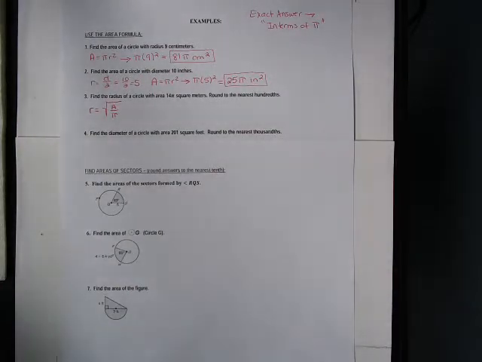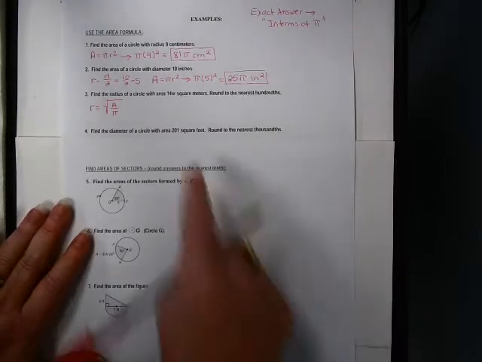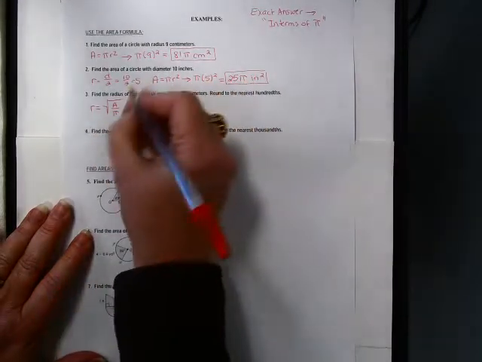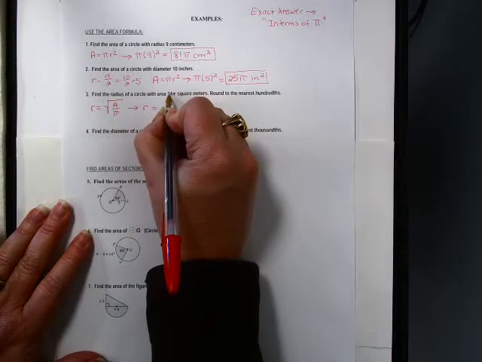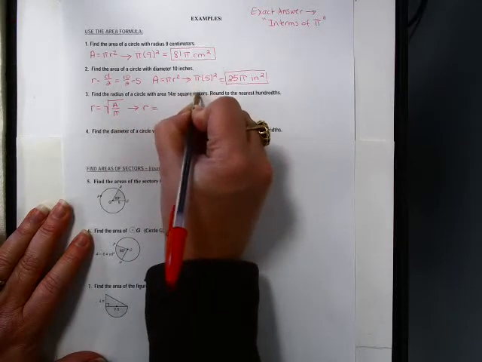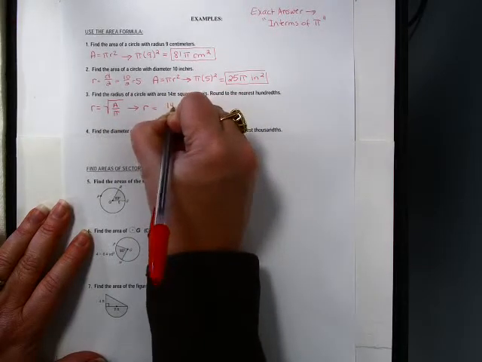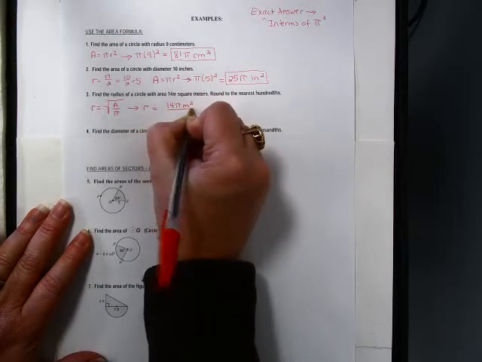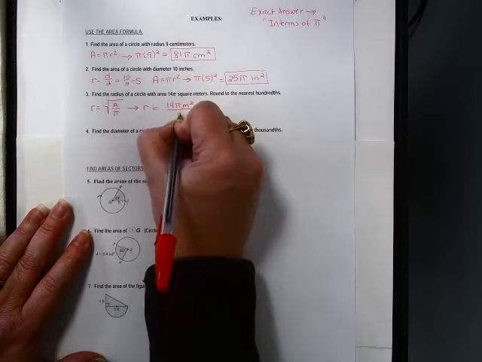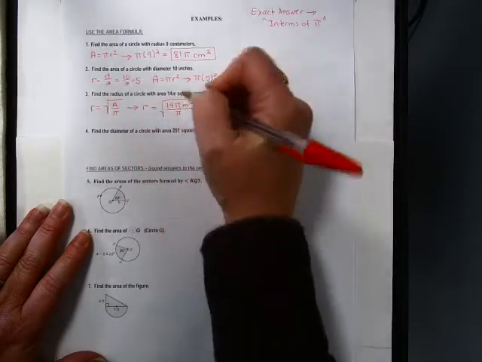So if we start there, that's just going to help us a little bit. Make it go a little quicker. Plug in the information that you know. So the radius is going to equal, that says 14 pi square meters. So that's going to be 14 pi meters squared over pi.